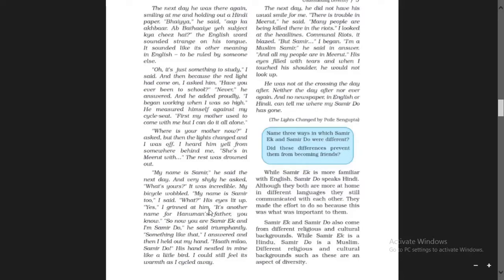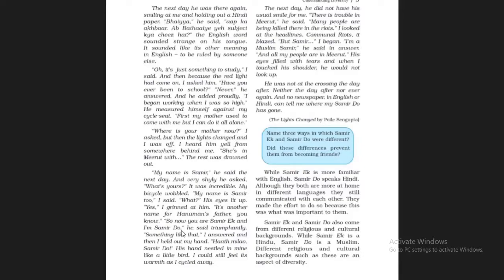Smiled broadly at him. It's another name for Hanuman's father, you know. Hanuman's father's name is also Samir like that. So now you are Shamir Ek and I am Shamir Do. So he said, yes, both of our names are Shamir.